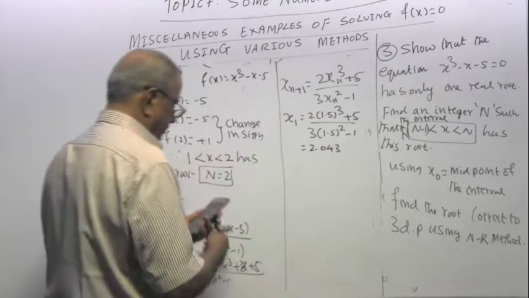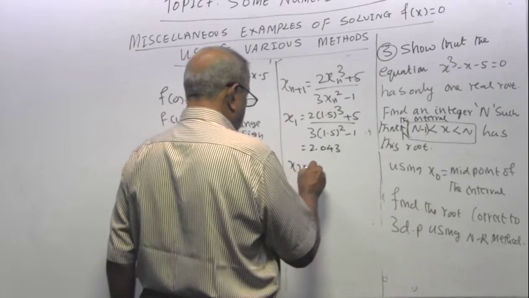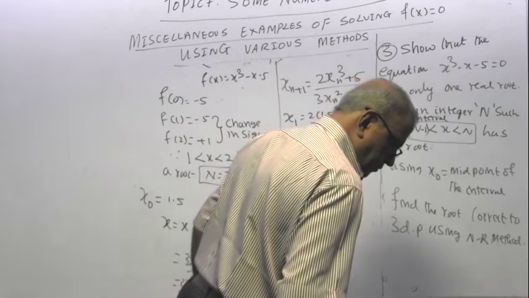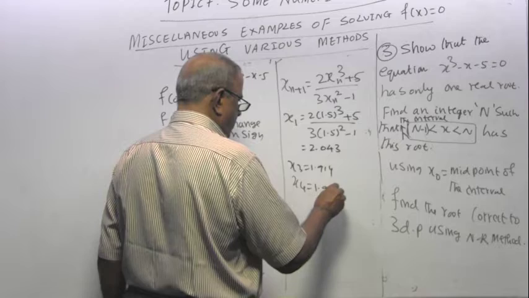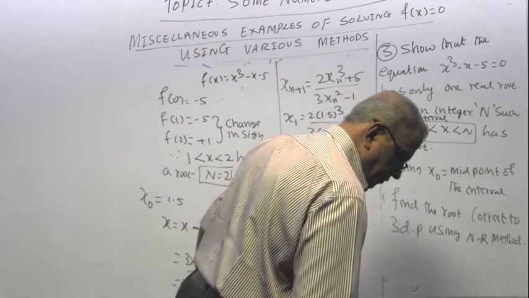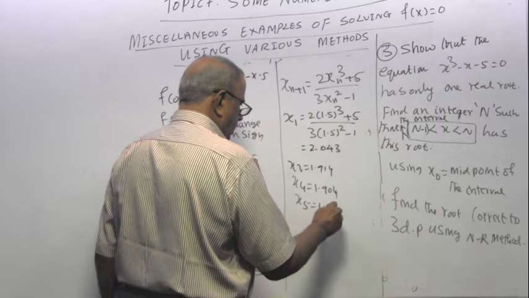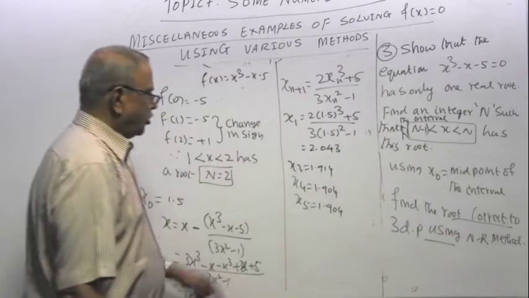1.914. 1.904. 1.904. Remember, he says find the root correct to 3 decimal places. So don't do that.